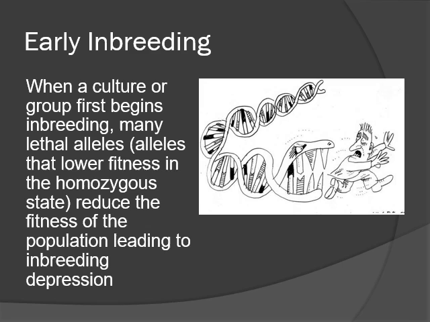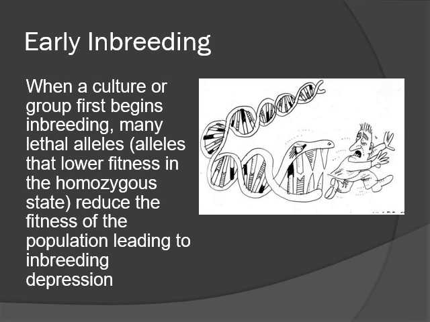However, introduce a new population, introduce a new migrant with new alleles, and suddenly that resets the clock because they've brought with them new lethal alleles. So once you start having inbreeding after that, you have to go through all that inbreeding depression again.